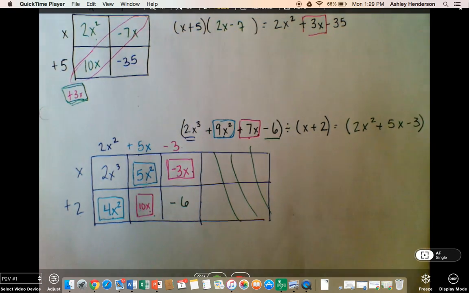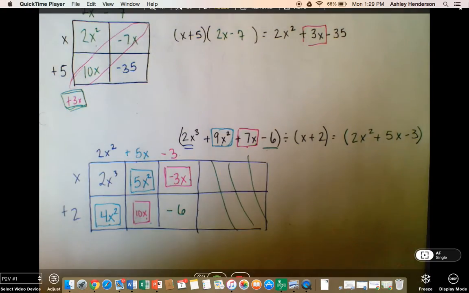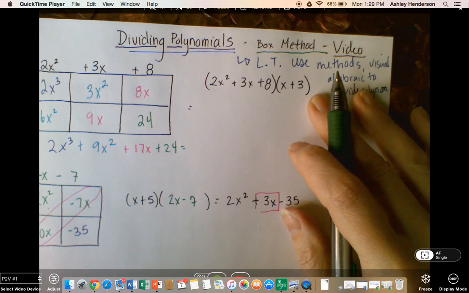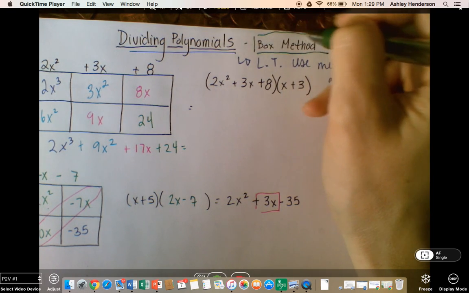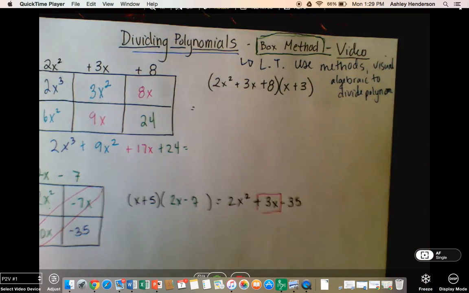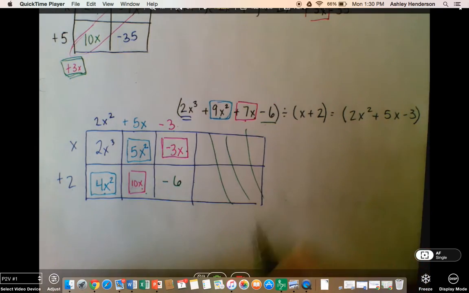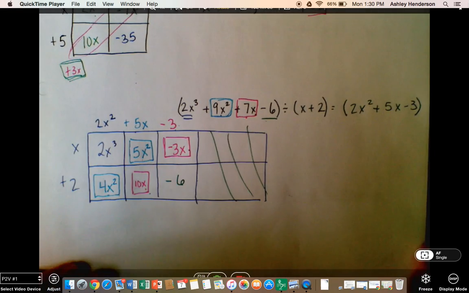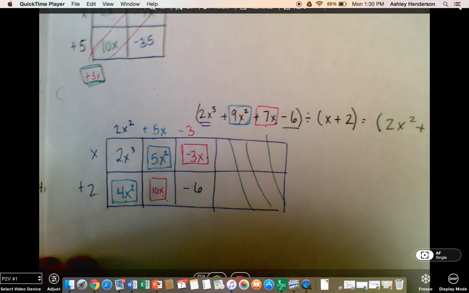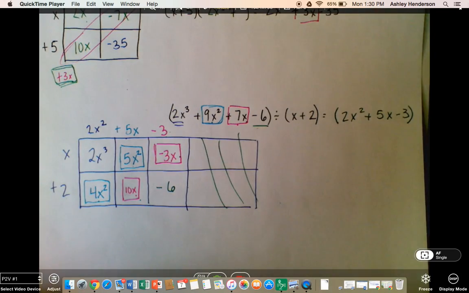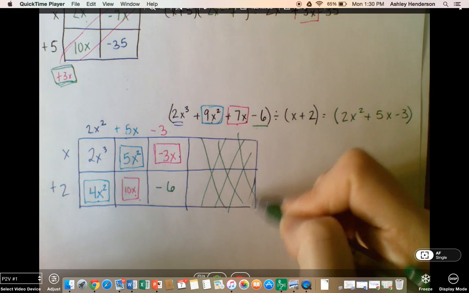Okay, so this right here is how we use our area model or box method. If you want to look up more videos, I've seen it called the grid method as a way to divide. So this is one strategy in which we can divide these kinds of functions. These are only examples that have no remainder.